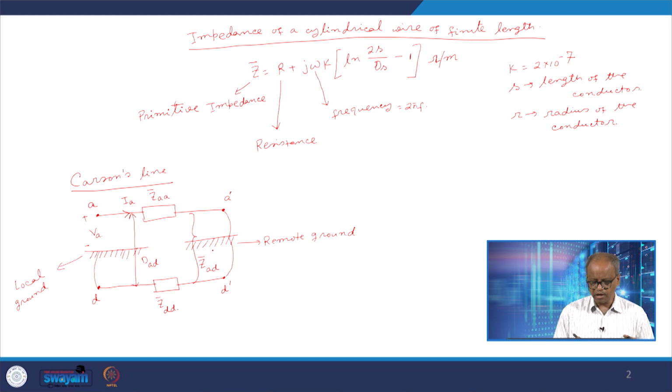I also have the mutual impedance between the original line and the fictitious conductor, which is given by ZAD.